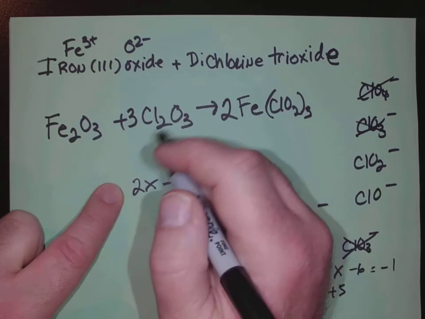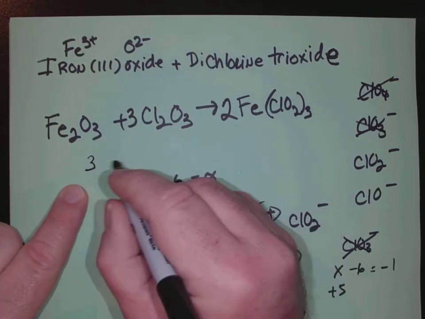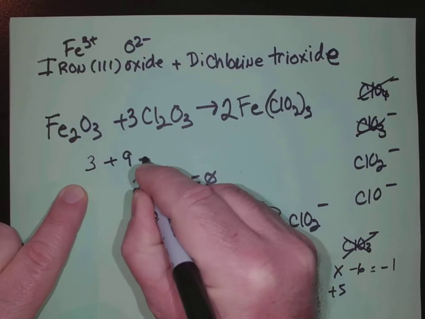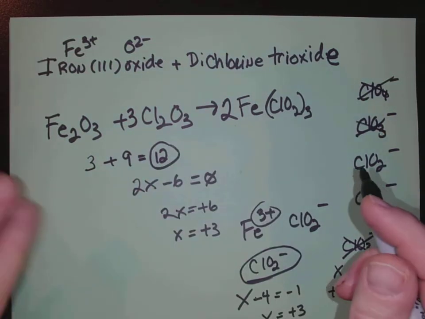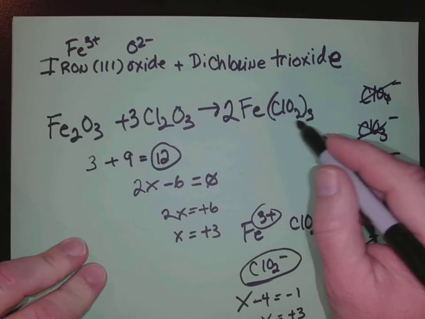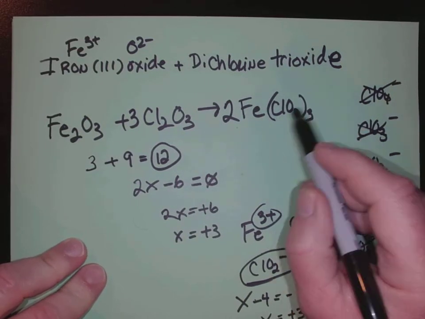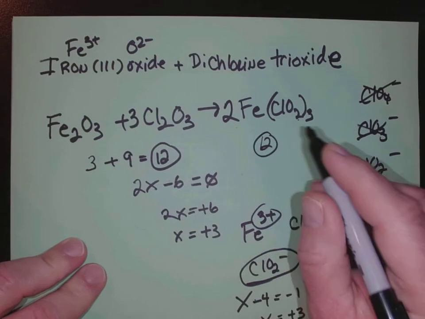So we have 3 oxygens from Fe2O3. And we have 3 times 3 is 9. So that's a grand total of 12 oxygens. So fingers crossed. We have 12 oxygens here. 3 times 2 is 6, and 6 times 2 is 12. So we're good to go.